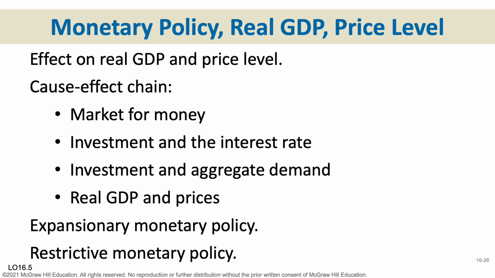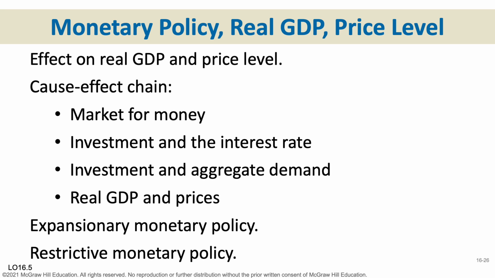When investment changes, it changes that aggregate demand curve. Investment increases, pushes aggregate demand to the right. Investment decreases, pulls aggregate demand to the left, which affects real GDP and the price level. I just did all of expansionary, but since restrictive is on this slide, let's do that. So restrictive monetary policy would be decreasing the money supply.